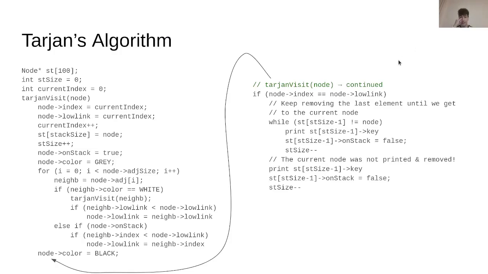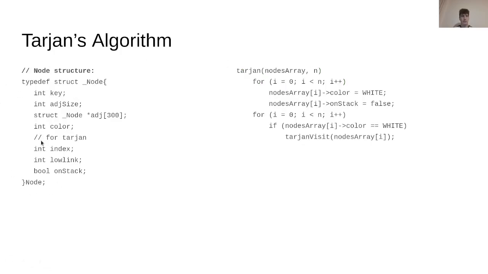So, moving on, we have this algorithm and the data structure for each node. We have those from the depth first search: the key, the number of neighbors, the neighbors, and the color. And for Tarjan, we need the index, low link, and the on stack boolean. And we also need the Tarjan function, which initially makes all the nodes white and marks that they are not on the stack.